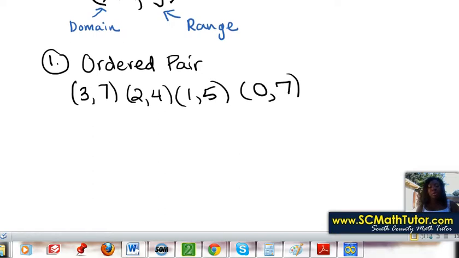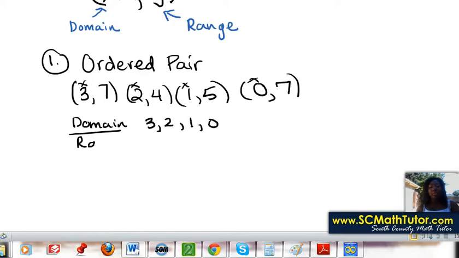They do not repeat. They have unique y values. If you're given ordered pairs, the domain is just all the x values: 3, 2, 1, 0.